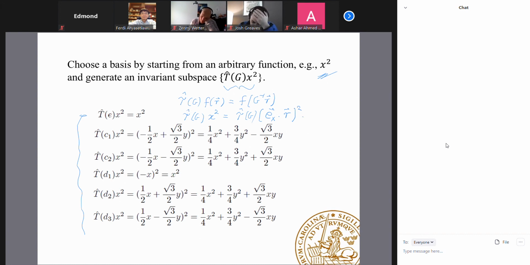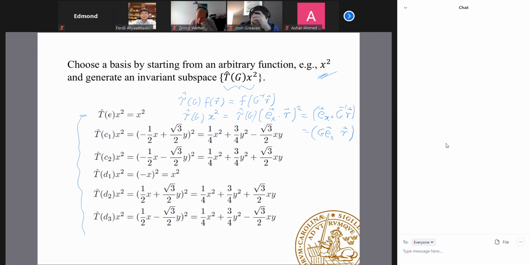So then that's equal to (ex dot g minus 1 r) squared, or I can also bring the g to the left. Yes, it's the same thing, like this.